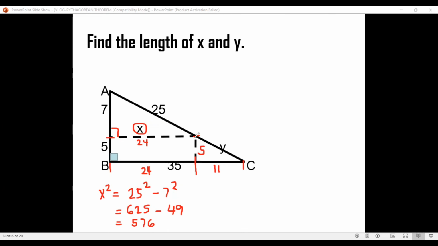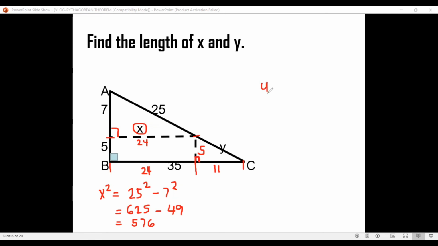These are the two measures that we need in order to find the value of y. So this is the right triangle that we are considering, not this one. It is this small right triangle with an altitude of 5 and a base of 11. So this is the hypotenuse that we are looking for.